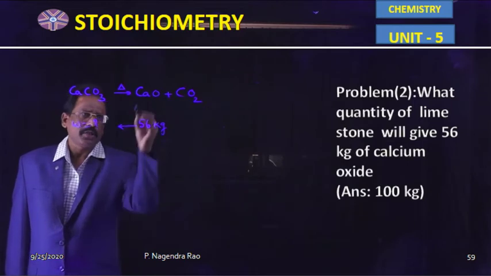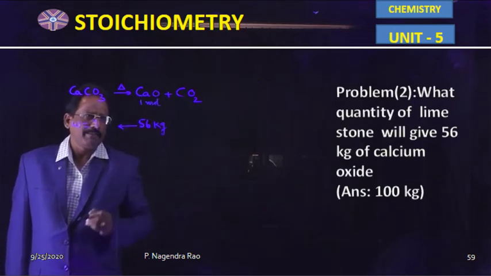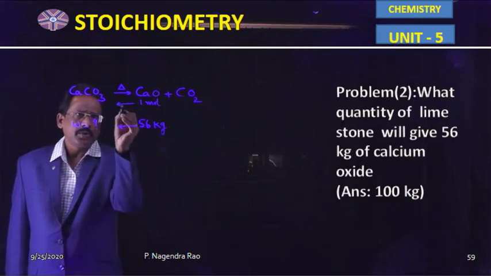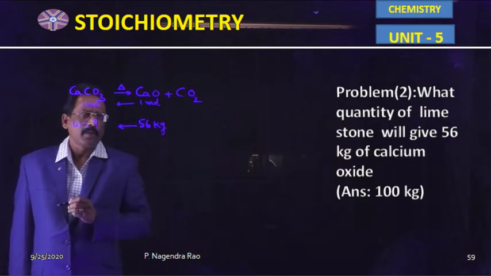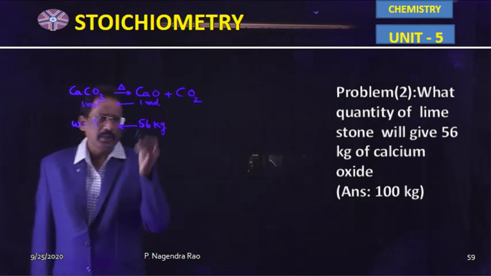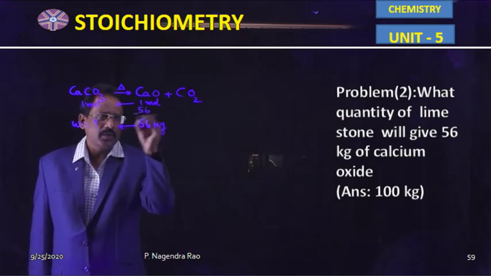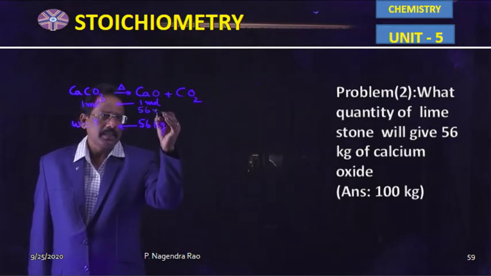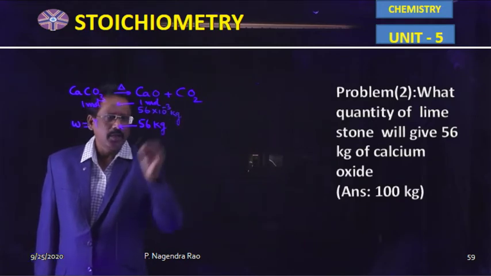According to the reaction, 1 mole of quicklime is produced from 1 mole of limestone. The molecular weight of quicklime is 40 plus 16, which is equal to 56 grams, which is equal to 56 into 10 power minus 3 kilograms.